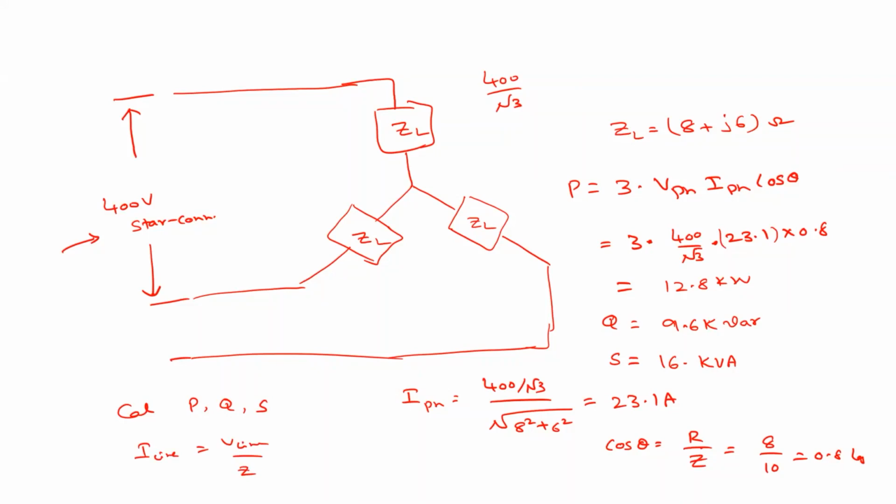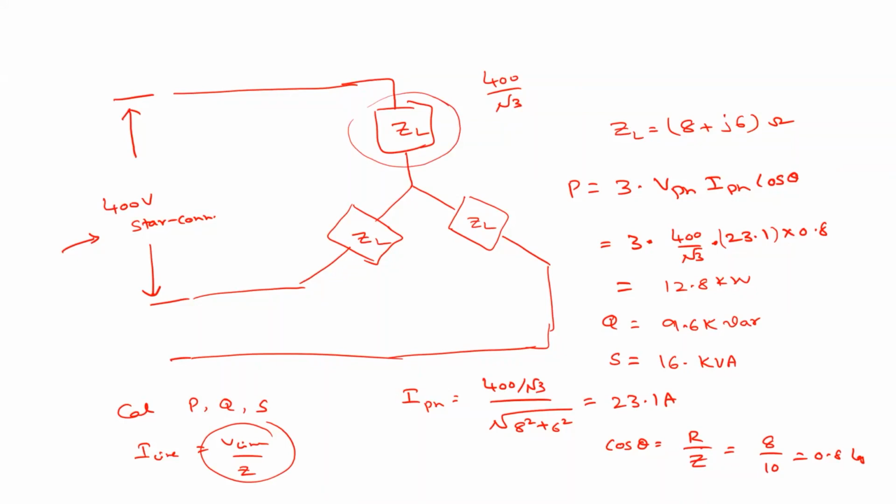For calculation of I line, we have to take V phase upon impedance, no, sir. See here, this impedance is acting only on the phases, right? It is the per phase impedance.